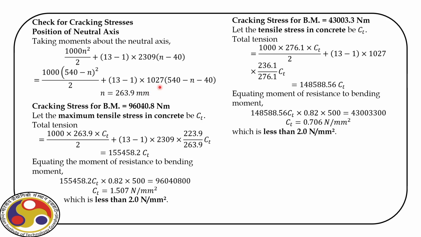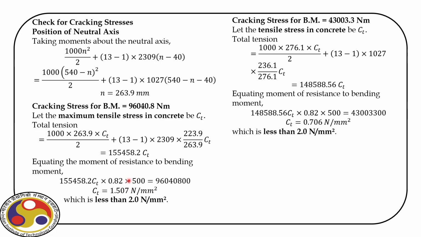Now we can find out the tensile stress in concrete, CT. From this expression, again we equate the applied bending moment to this expression, and then we get CT equal to 1.507 Newton per millimeter square, right? So that is less than the allowable value of 2 Newton per millimeter square, so it is safe.